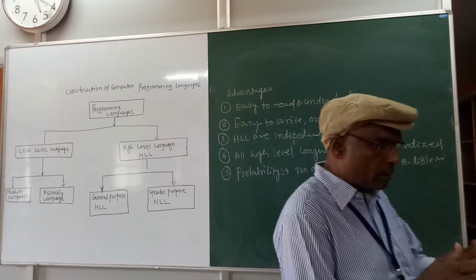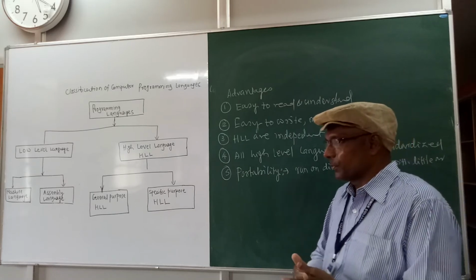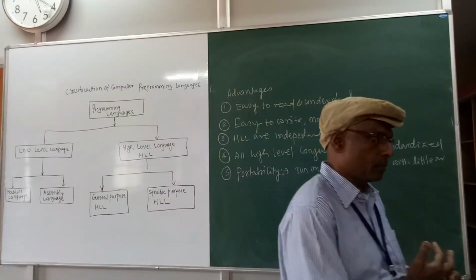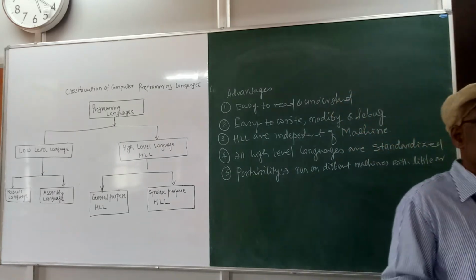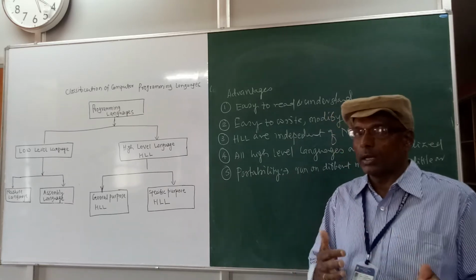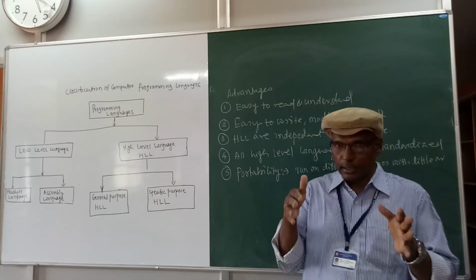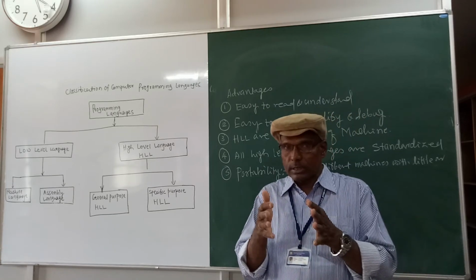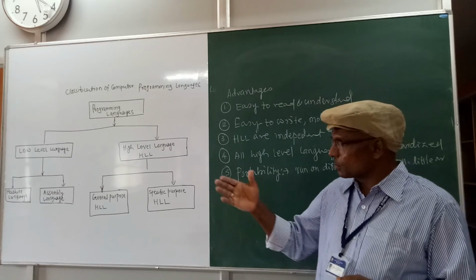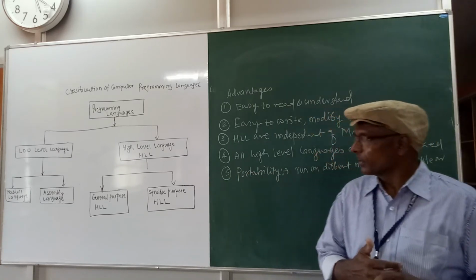Let me summarize what we have discussed today. We have started with what is meant by programming language and how they are classified. They are classified into two, that is low level languages and high level languages. We have gone little deep. We have seen examples of low level languages, that is machine level language and assembly level language.